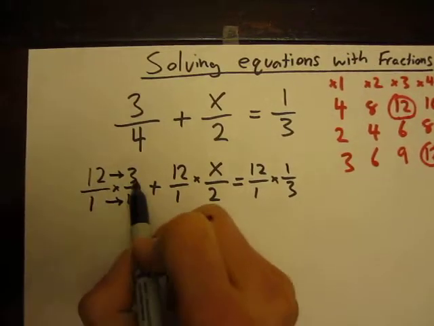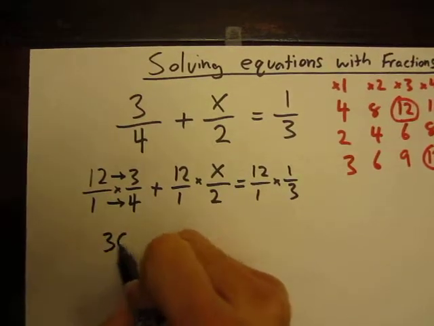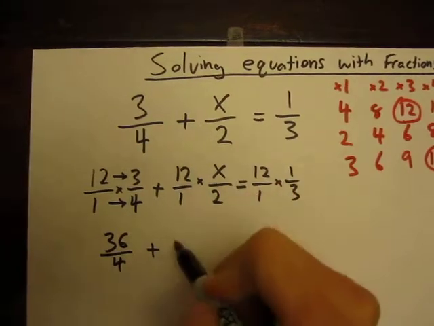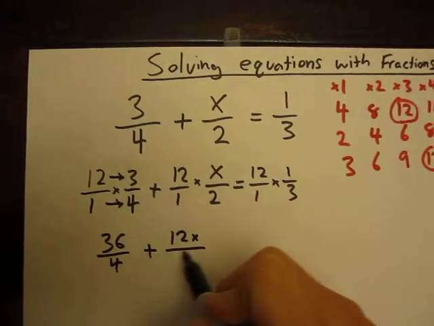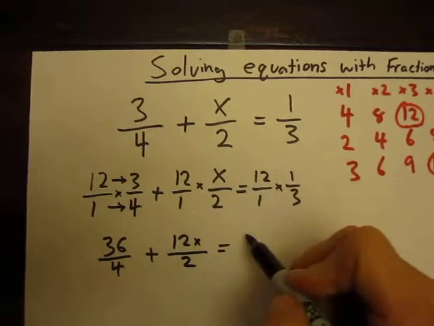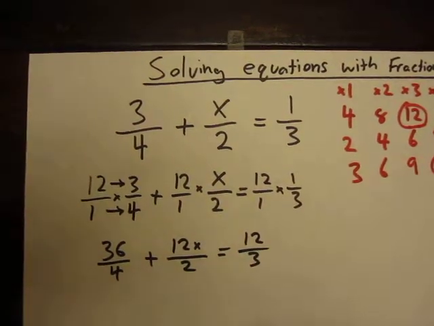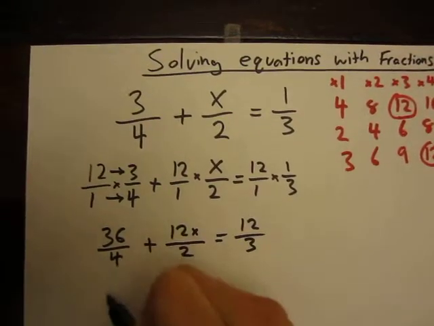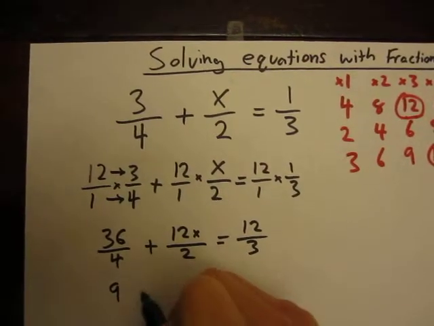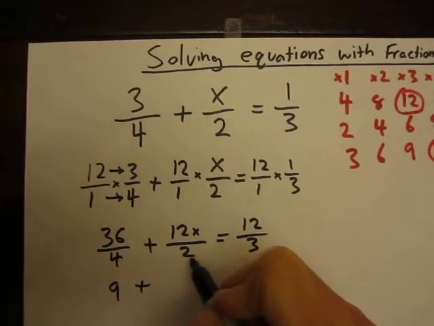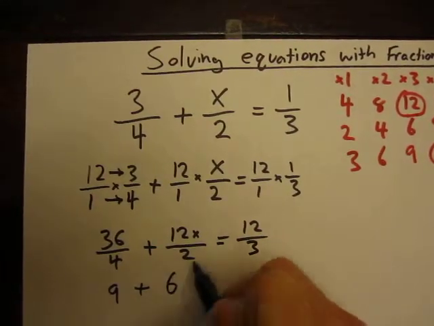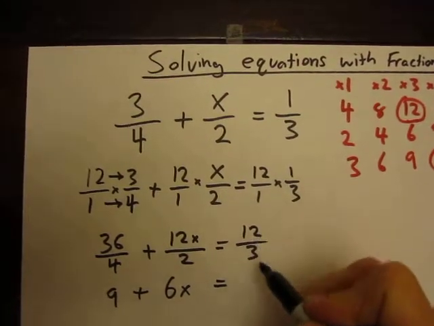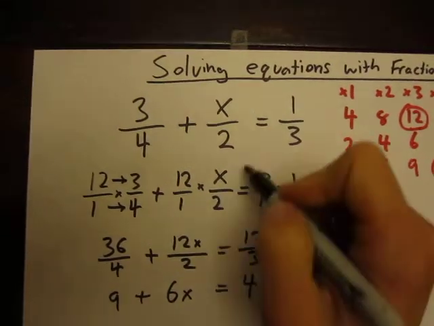So 12 times 3 is 36, 1 times 4 is 4, plus 12x over 2 equals 12 over 3. Now we need to simplify. 36 divided by 4 is 9, plus 12 divided by 2 is 6, and we still have our x, and that equals 12 divided by 3, which is 4.